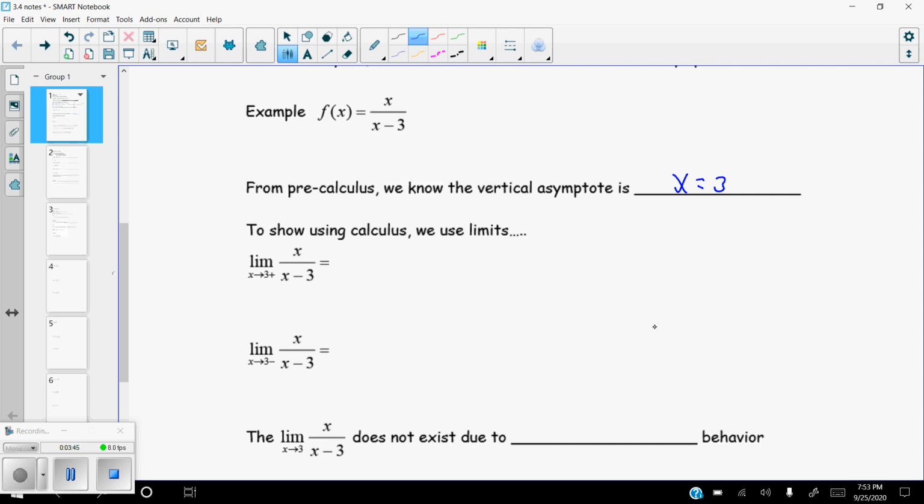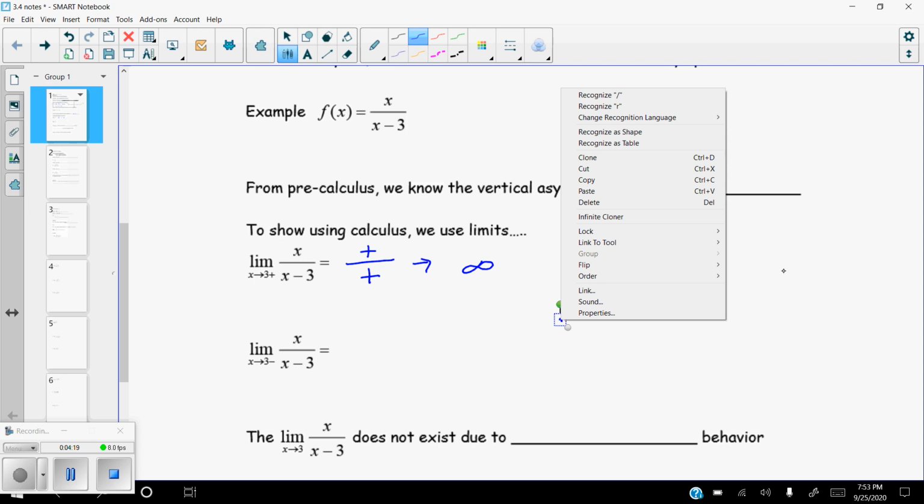If you put 3.000000001 in the x value on top, that's going to give you a positive value. If I plug 3.000000001 into the denominator, it's a number just slightly bigger than 3, subtracting 3, so we get another positive value. So we get a positive over a positive, which means that this thing has to approach positive infinity.